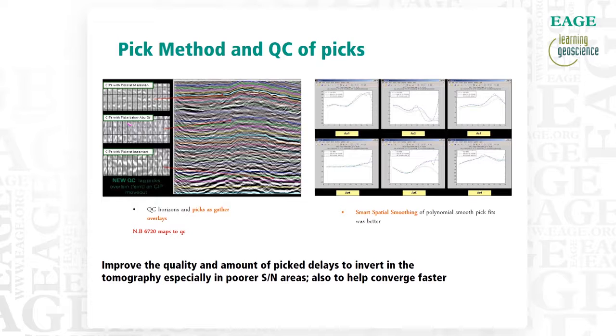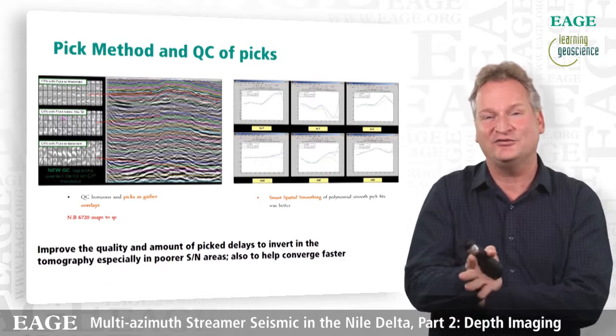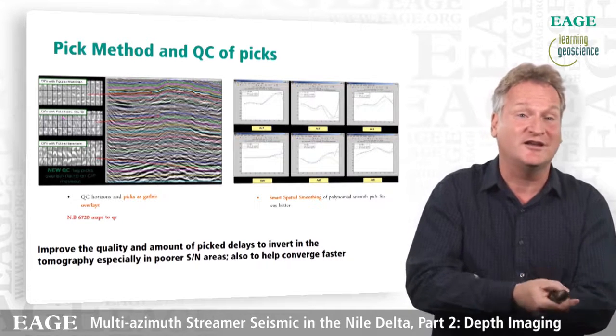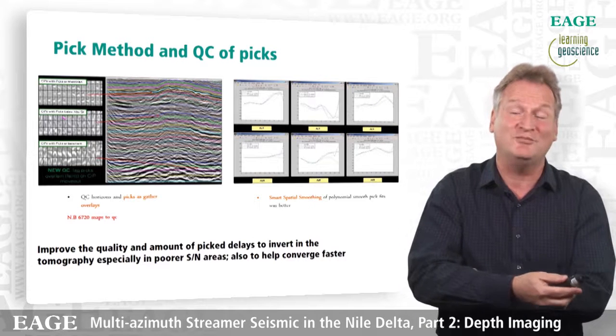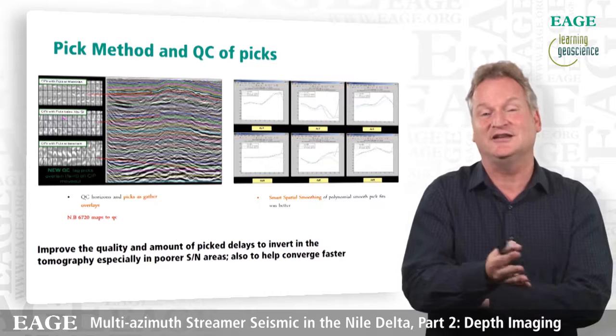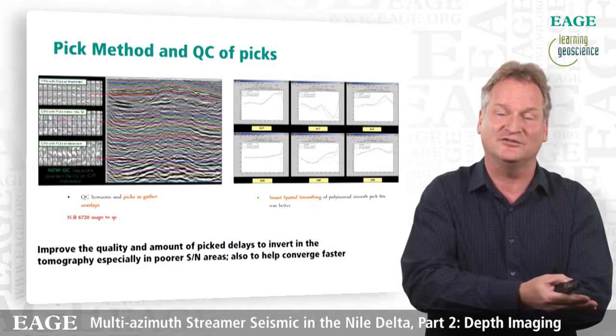It's almost a full volume where we're picking. With that number of surfaces and offsets, we're QCing 6,720 maps in total, and we need to make sure that the data in there is good. Because if the picks aren't good, our update is not going to be any good.